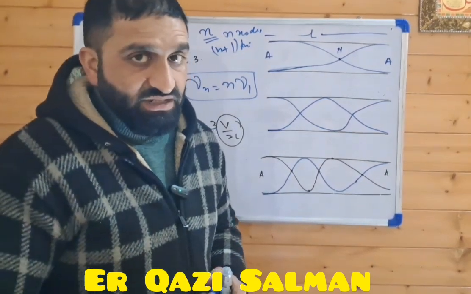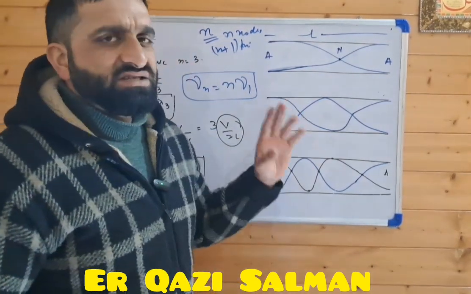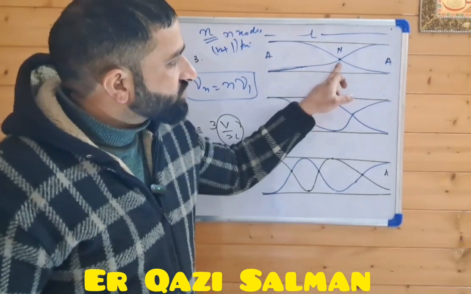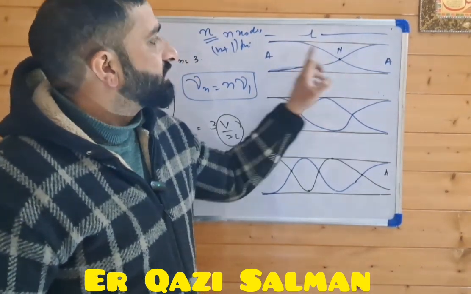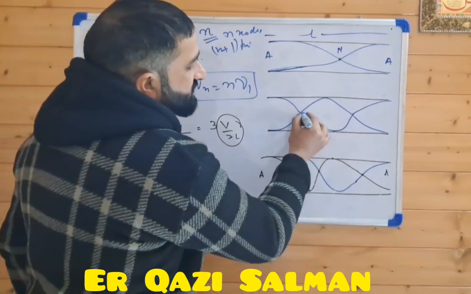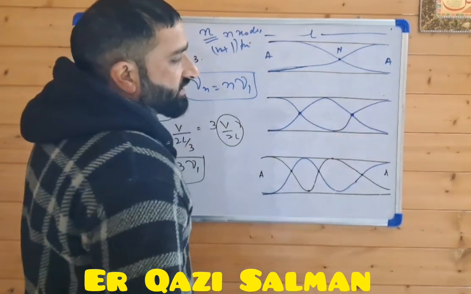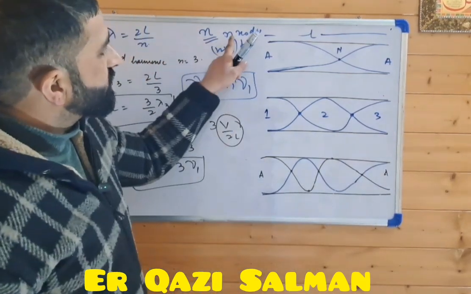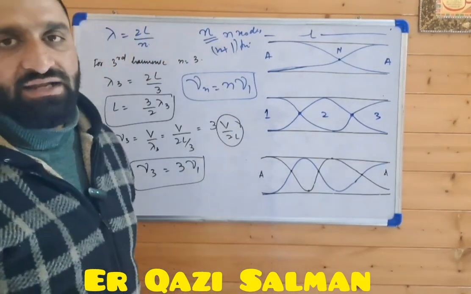That can be exemplified by a simple discussion. Here n is equal to 1. This is the first harmonic, so the number of nodes is equal to 1, the number of antinodes is equal to 2. In the second harmonic, the number of nodes is 1 and 2, and the number of antinodes is 1, 2 and 3. That means for the nth mode we are having n nodes and n plus 1 antinodes.